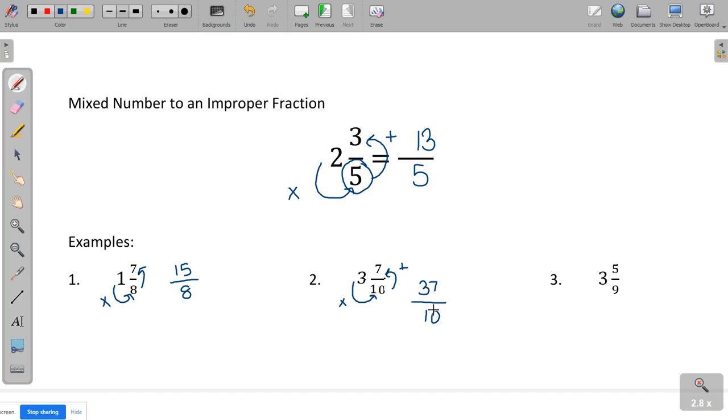Keep the denominator of 10. The last one, we're going to do 3 times 9, that's 27, plus 5 gives us 32. Keep the denominator of 9.